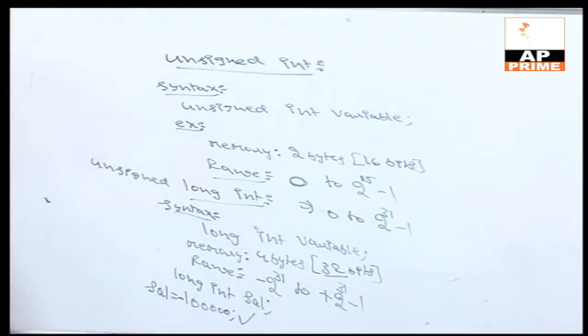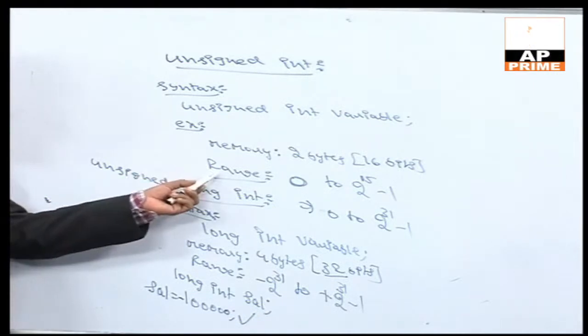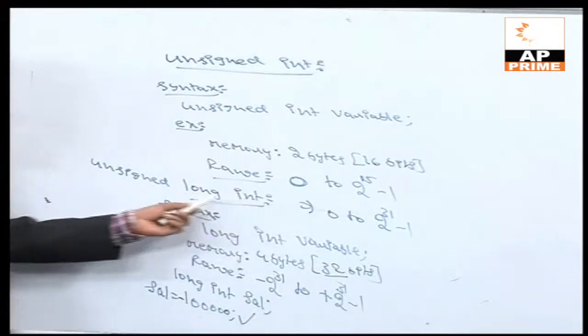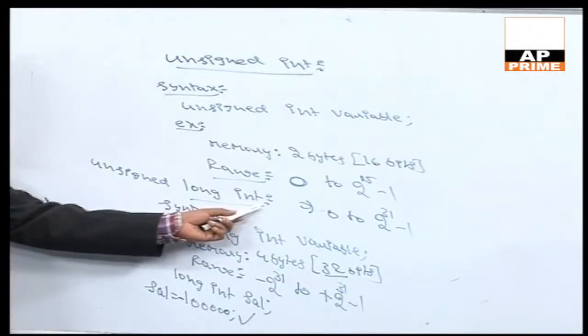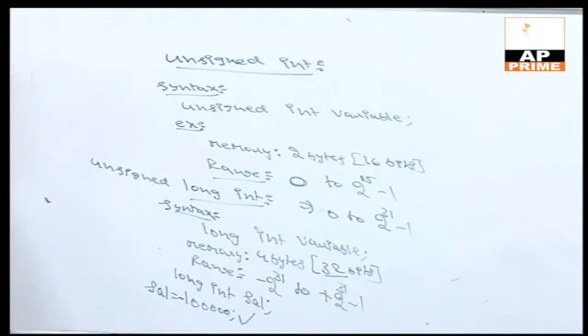You see here, unsigned integer range is 0 to 2 to the power of 15 minus 1. If I take the unsigned long integer, range is 0 to 2 to the power of 31 minus 1. Memory only difference, but the remaining process is same, storage is same.